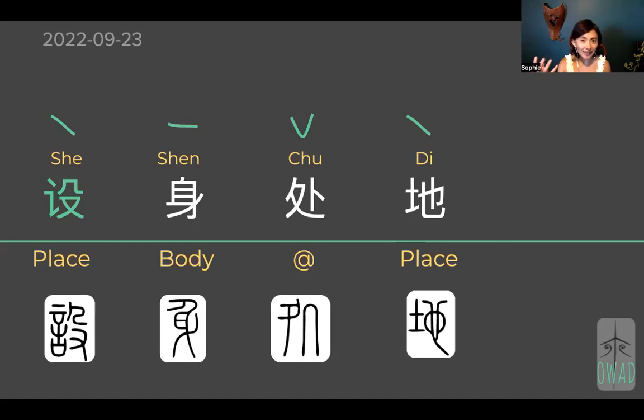Or I guess you can use configure here as well, because 设身处地 actually means you contextualize yourself in a certain setting, to configure your sensing of the world as if you are in that place.